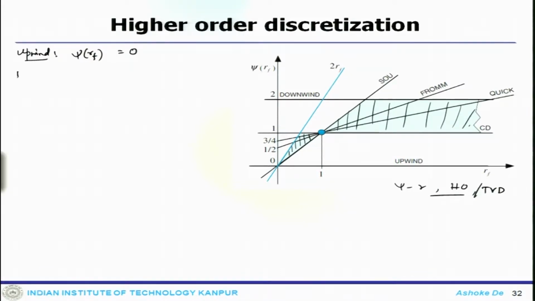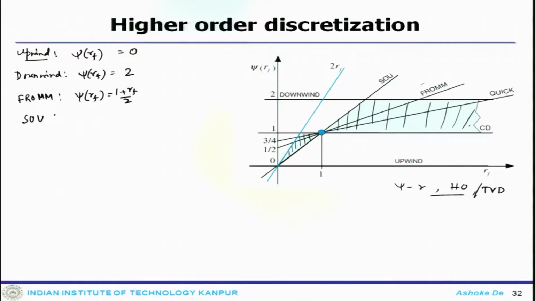Now, for the downwind scheme, psi r f is 2, which is lying there, this is the constant line. Then for the Fromm scheme, psi r f is half of r f by 2. So, that is the Fromm scheme.